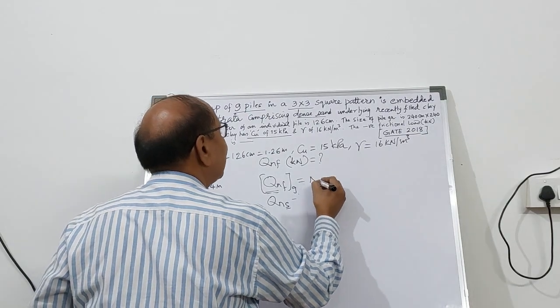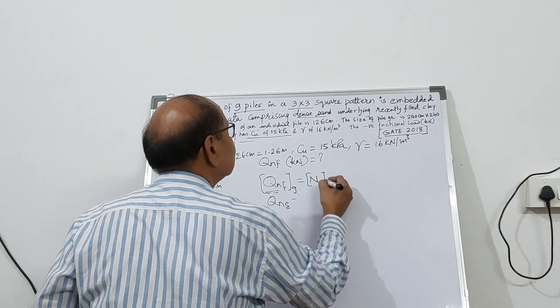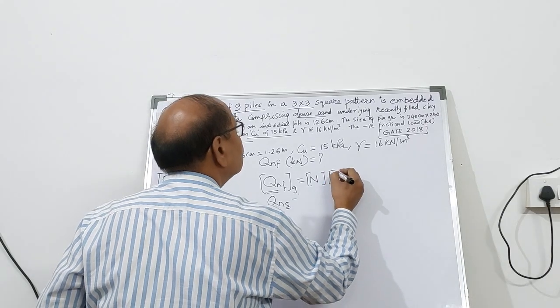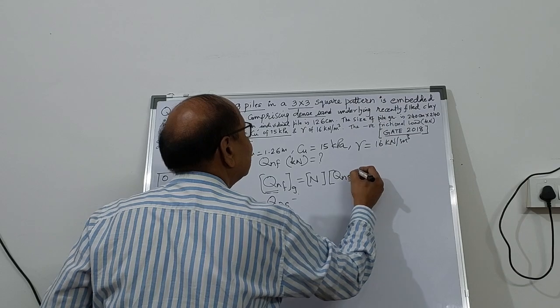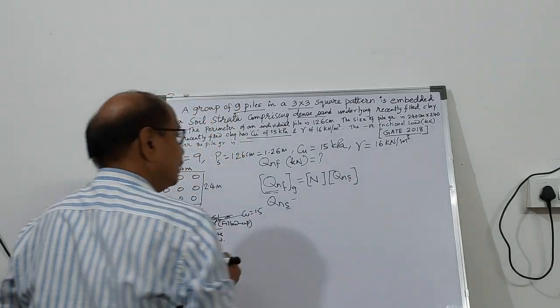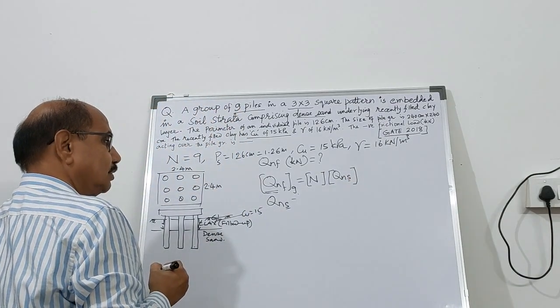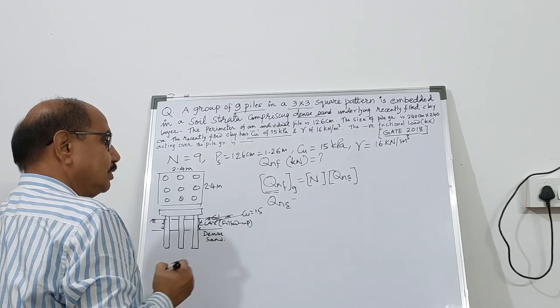it will be the number of piles into the negative friction of a single pile. So you can multiply it.